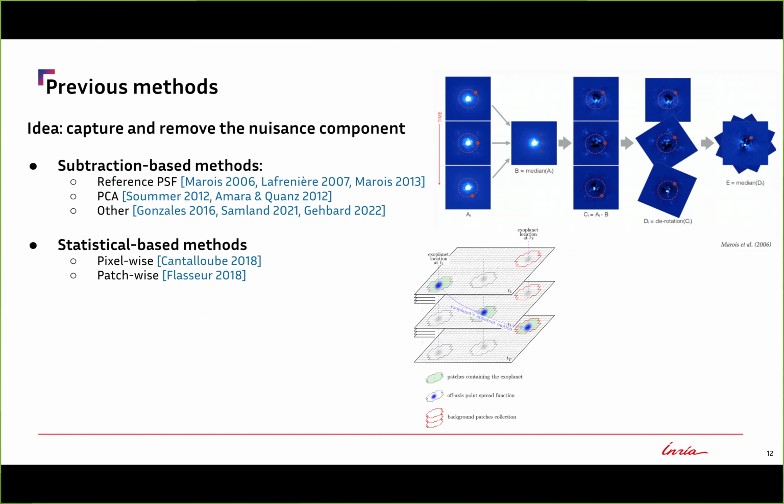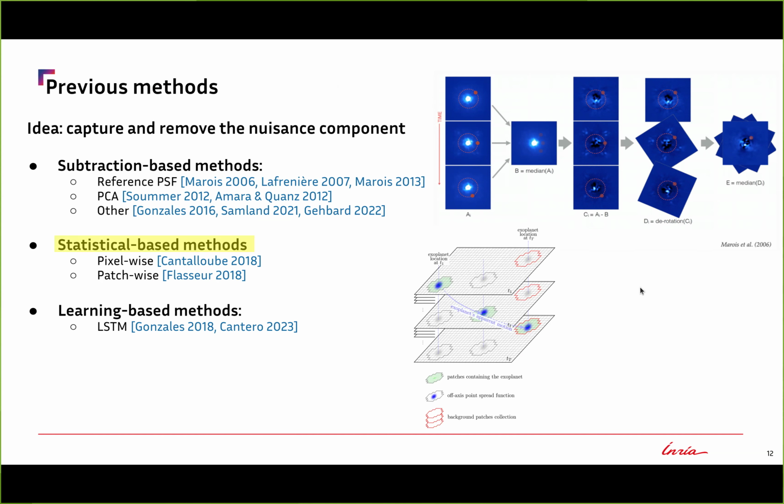Another kind of method is a statistical-based method. This time we try to model statistically what happens at the scales of pixels or patches. And once this local model is done, you can derive a detection map of the whole field of view. And there are also learning-based methods, using machine learning techniques to solve this problem.